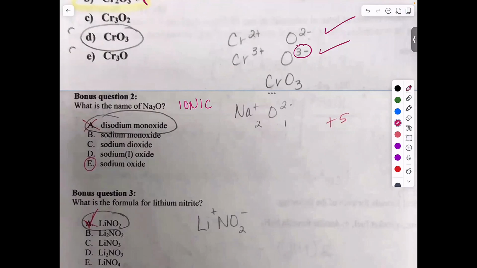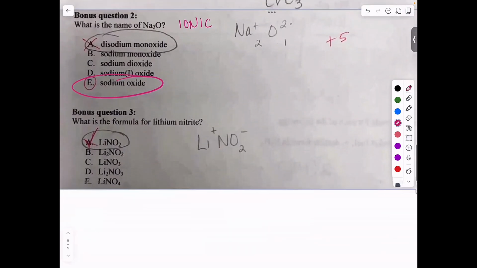So we would say sodium. And then our oxygen atom turns into oxide. So that's why we would select sodium oxide, no sodium 1, no disodium, no, just sodium oxide. All right, that's for our ionic compounds.